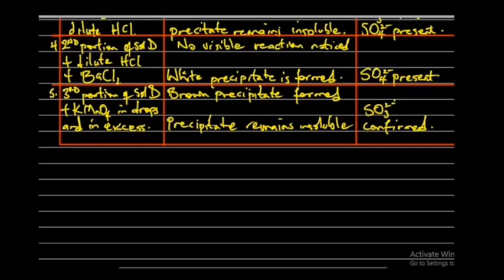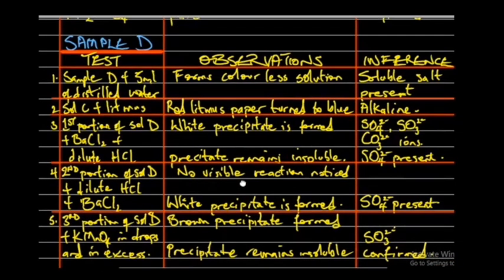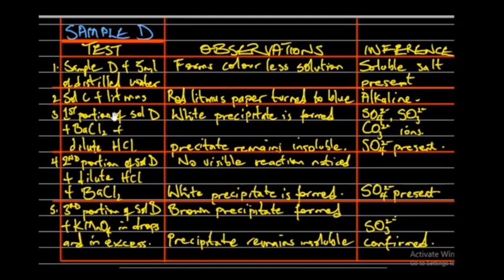So these were the tests carried out using the samples that have been given to us by NECO, starting from C. And for D, we did all of these tests: D dissolved in water gave a colorless solution, informing us that it was a soluble salt. Then when we tested it with litmus paper, our red litmus paper turned to blue, so it informed us that it was an alkaline substance.